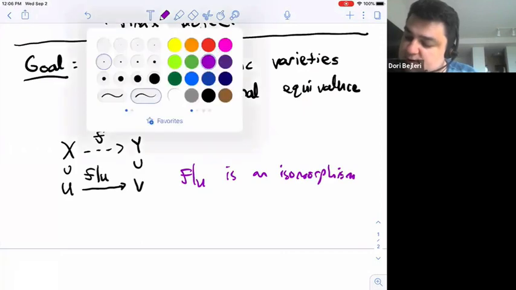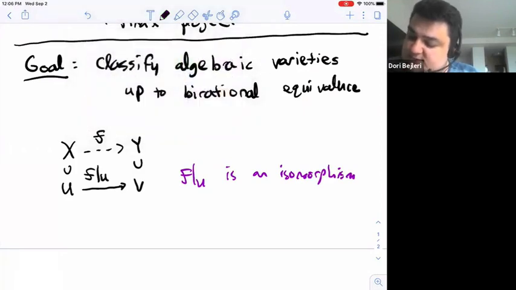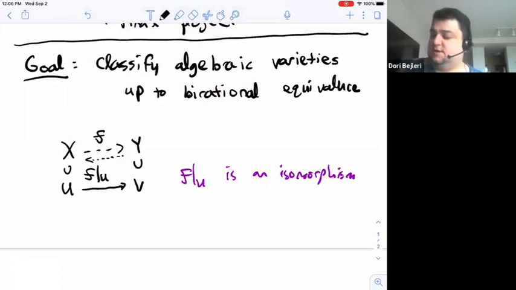And of course, if we have such an f, we also have its inverse, which is some rational map, and so this gives us an equivalence relation on varieties. Okay, so our overall goal is to classify algebraic varieties up to this equivalence relation.